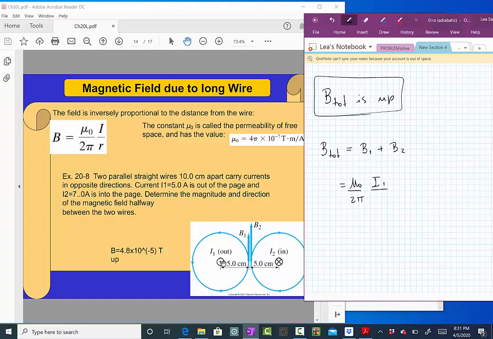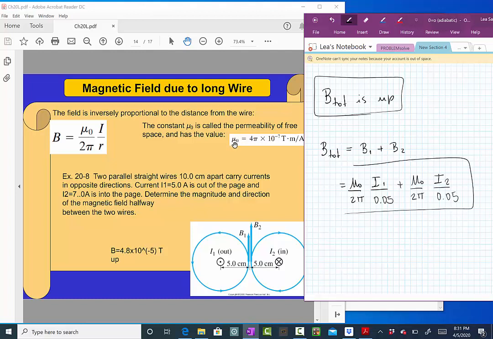This point here is 0.05 meters, not 5 centimeters, 0.05 meters away. So I'm going to put here 0.05 meters. How about B2? Well, the constant also, the current I2, and the distance is the same, so 0.05.